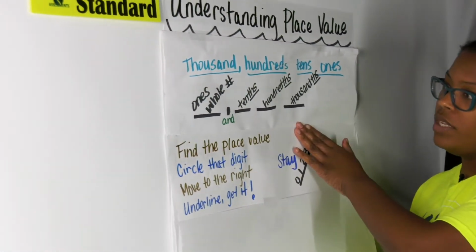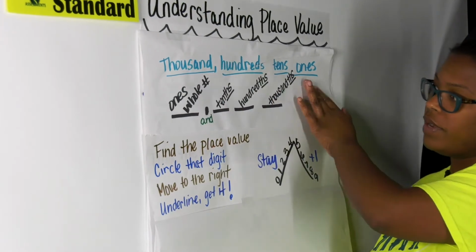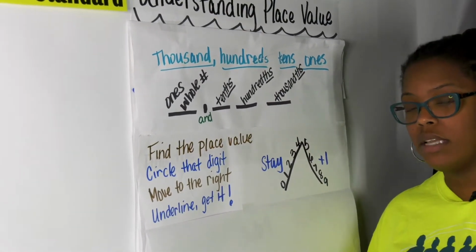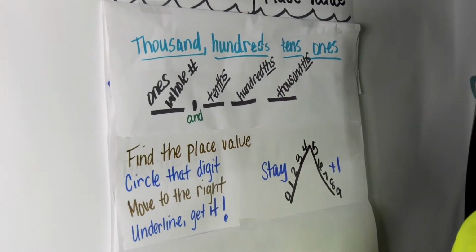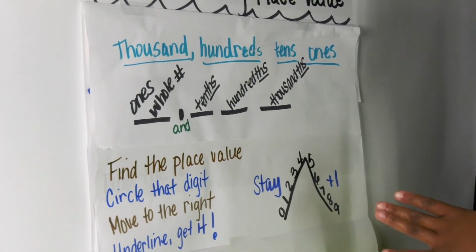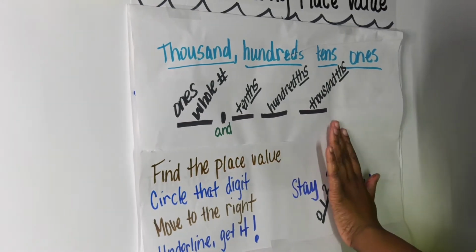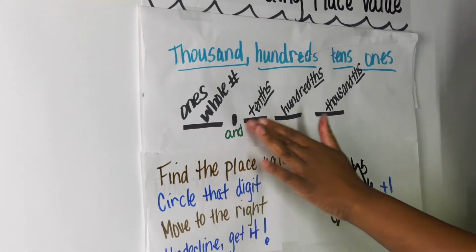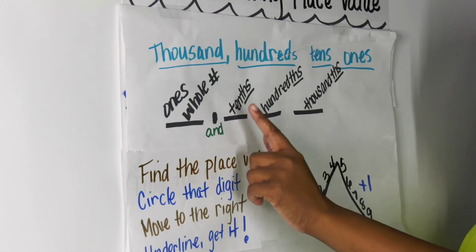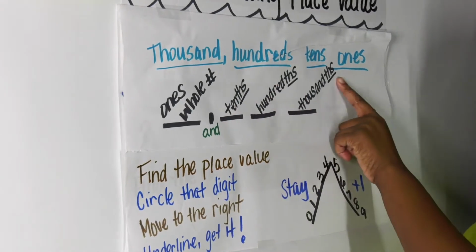So this is what your previous place values, right here in blue, looked like when you were in 3rd and 4th grade. In 5th grade, you all take it up a notch and you use numbers with decimals. So our place values for decimals: ones, tenths, hundredths, thousandths.